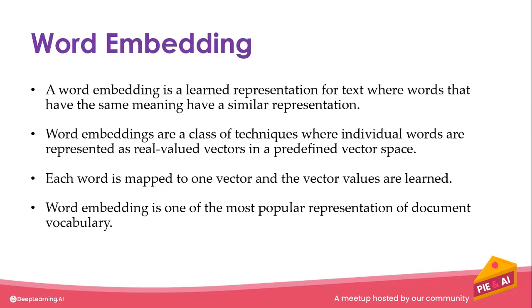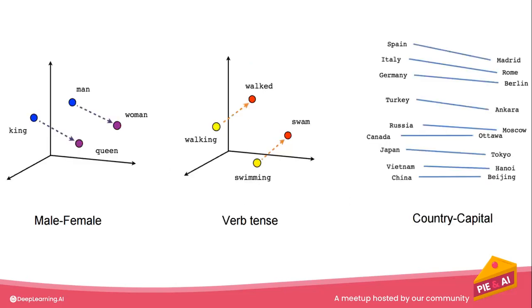Nowadays, a lot of pre-trained word embeddings are available, and we can use them to capture the semantics much more efficiently. The words as well as all the associated words are clustered as vectors in a multi-dimensional space. So here is an example. You can see that we have the words king, queen, man, and woman.